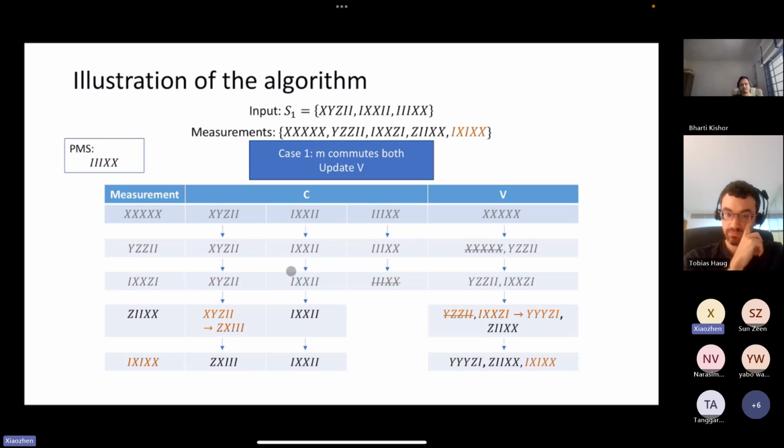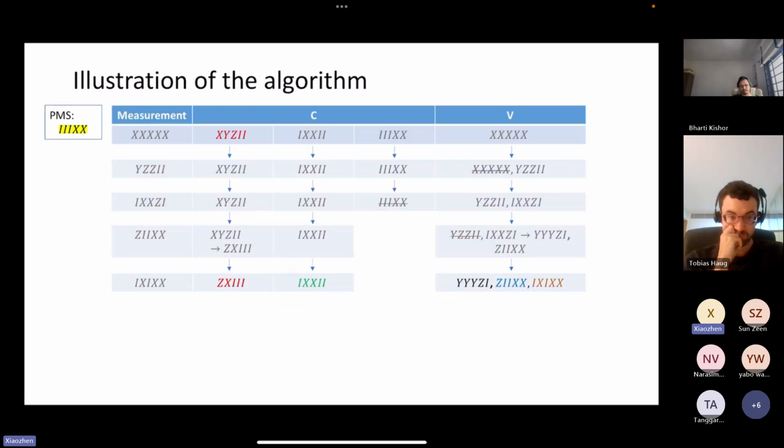We can do this update with the measurements on C and V, and then at the end of it, we can compute the intersection between the group formed by C and the group formed by V to find the unmasked stabilizers.